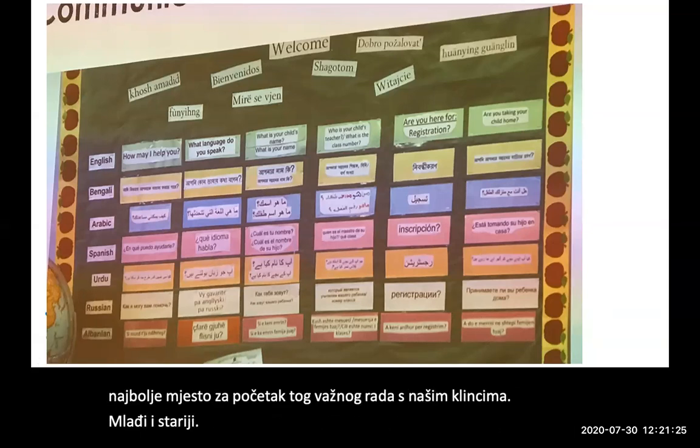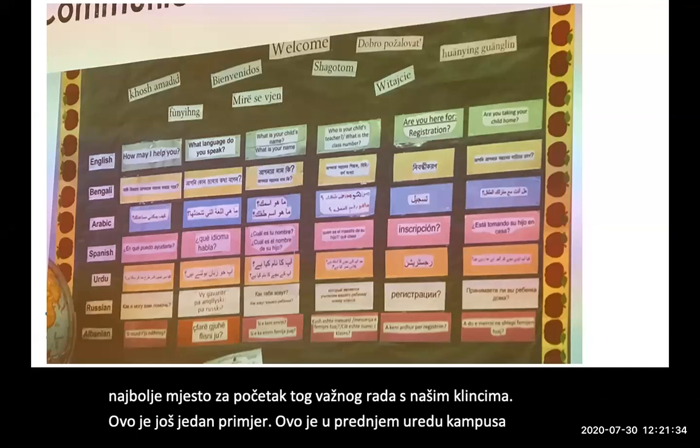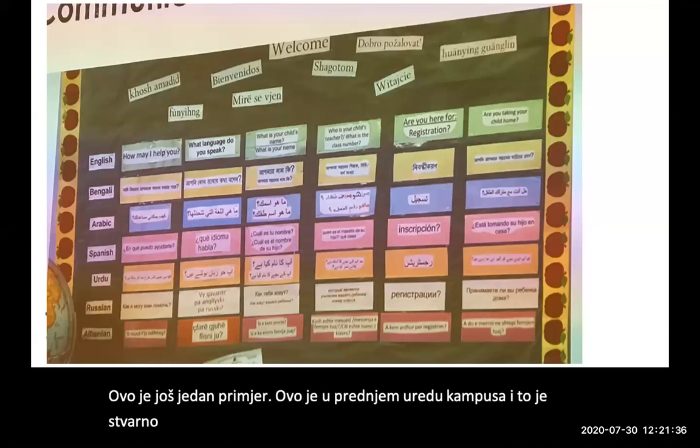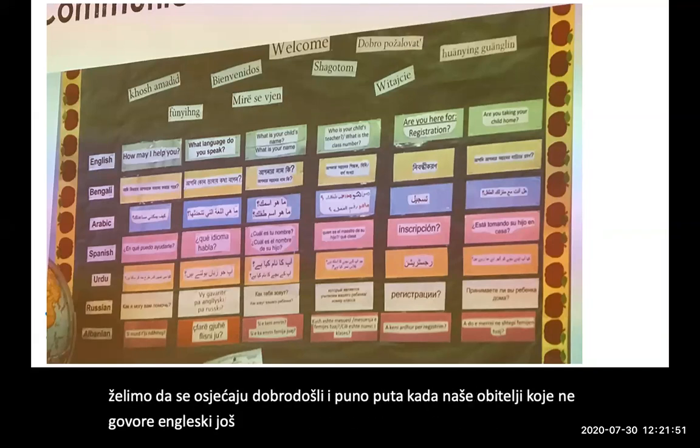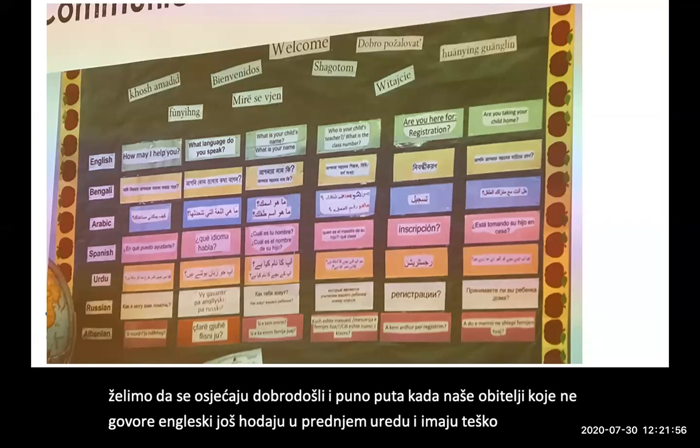This is another example. This is in the front office of a campus. And this is really important because when our families walk into our campus or our classroom, we want them to also feel welcome. And a lot of times when our families that don't speak English yet walk into the front office and have a difficult time communicating, they can instantly feel like they don't belong.